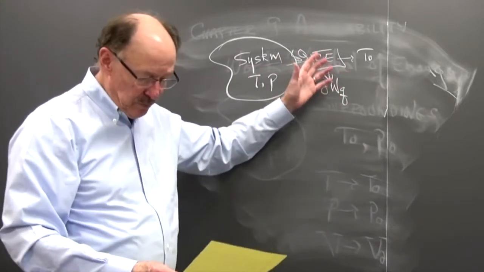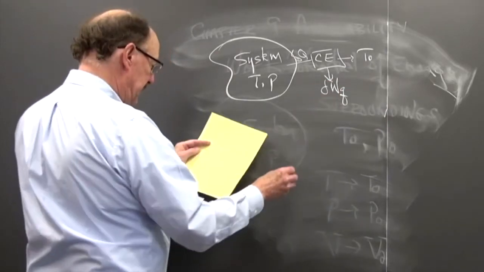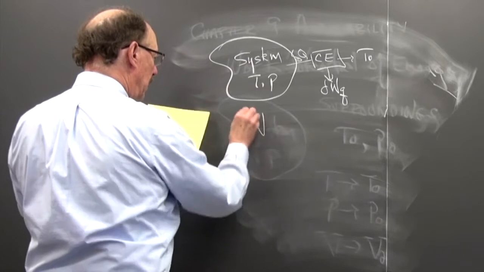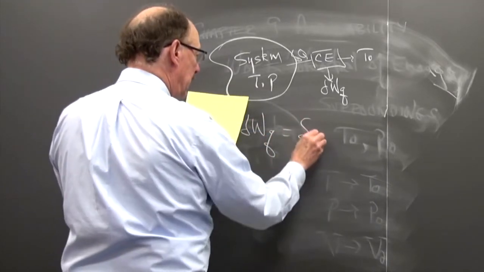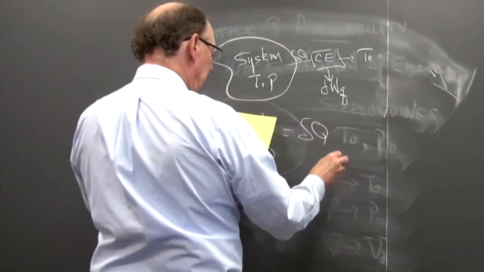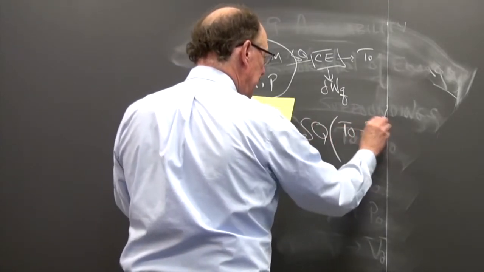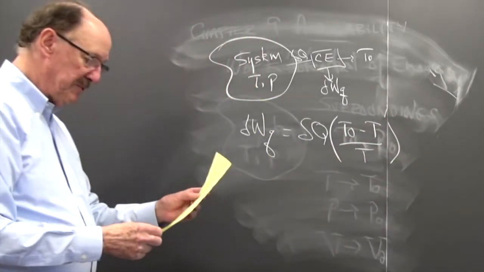So what we're doing is extracting thermal energy, and we have this form. We have other work forms as well. So if I look at this del Q, del WQ is equal to del Q times T0 minus T, so we have that using the Carnot efficiency.